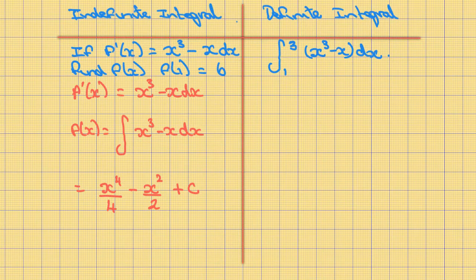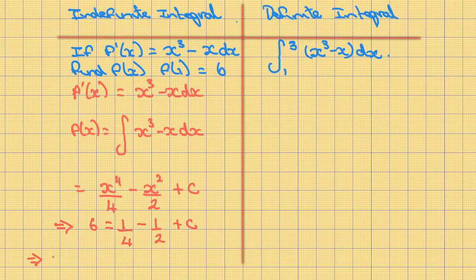We are then told that f of 1 is equal to 6. So when x is 1, f of x is 6. We can use this to find c. So therefore, 6 is equal to 1 over 4 minus 1 squared over 2 plus c.